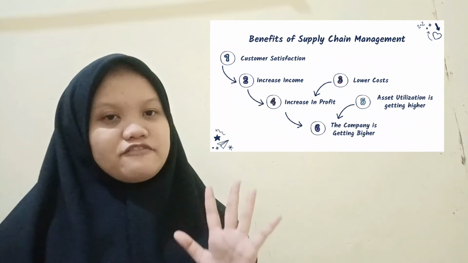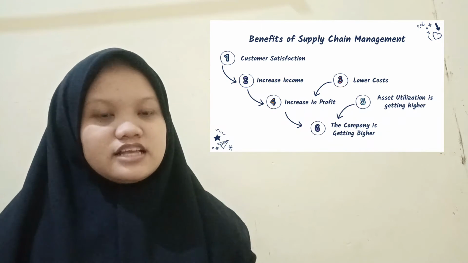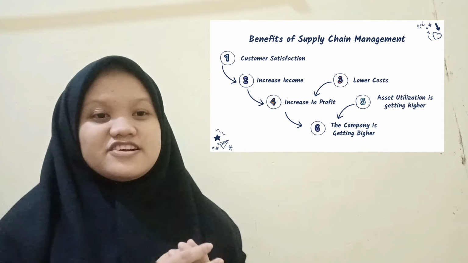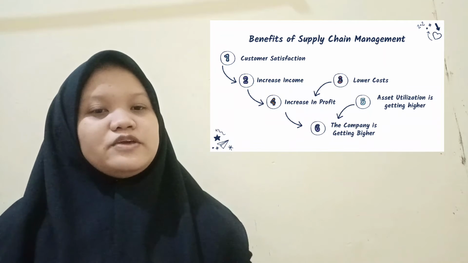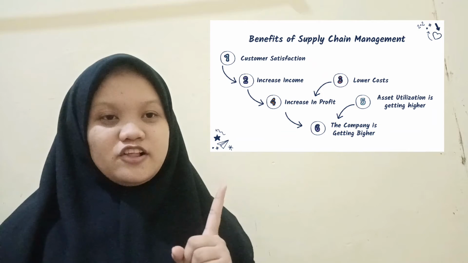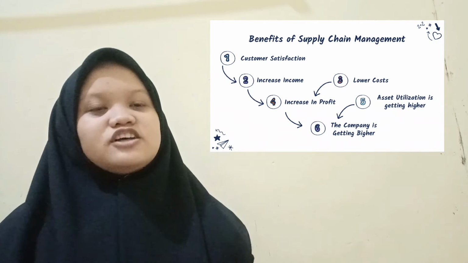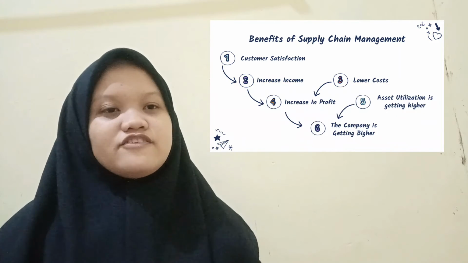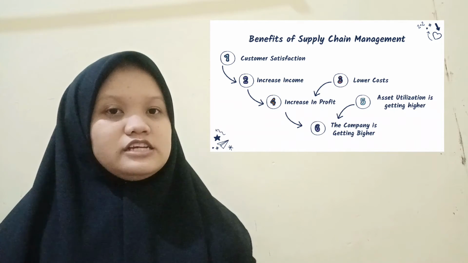The fifth benefit is asset utilization is getting higher. Asset, especially human resources, will be increasing in skill, especially in use of technology. Because of why? Because use of technology is the main and very required at supply chain management.